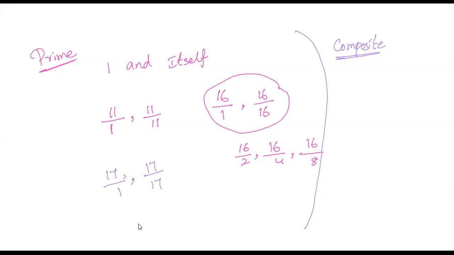Composite numbers are the numbers other than the prime numbers. Let me show you the slide, you'll understand.